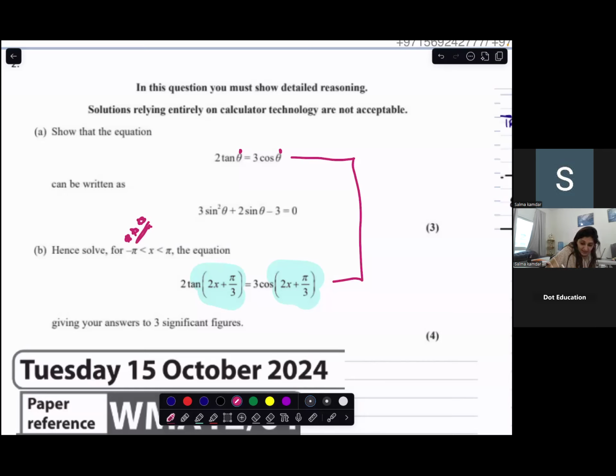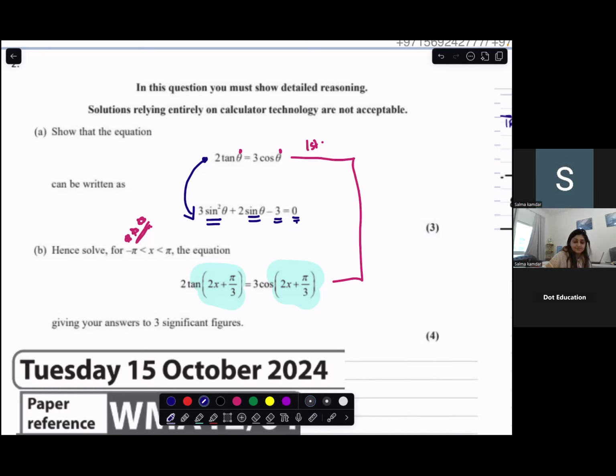So the first thing I noticed is that this is a transformation. And the second thing that should immediately come to my mind is that this can be written like this. Are you with me? Okay. So this is in the form of 3 sine square theta plus 2 sine theta minus 3 is equal to 0.